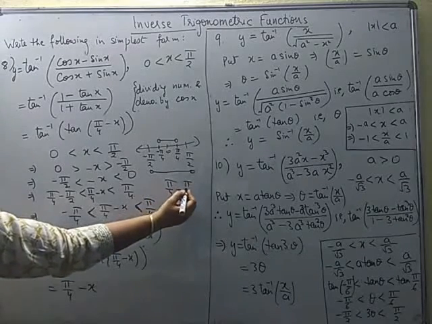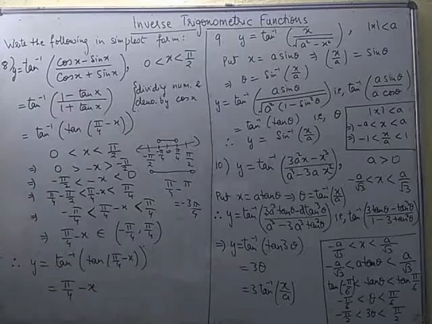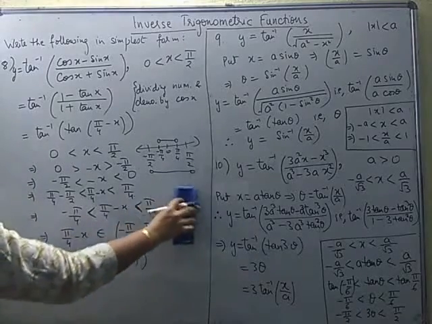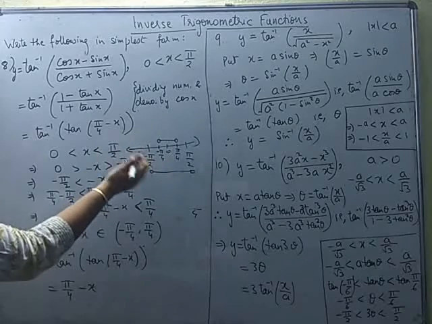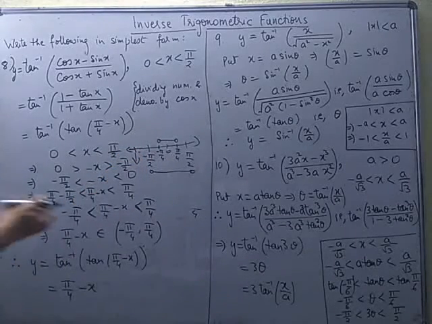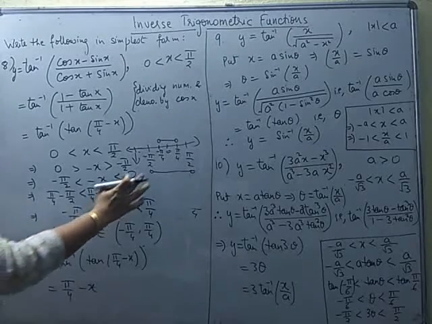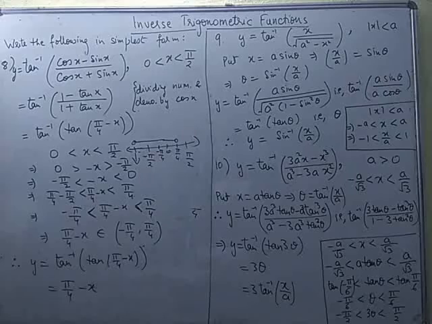minus pi will reduce to minus 3 pi by 4. That means minus 135 degrees. If you see, minus 3 pi by 4 on this number line will come somewhere over here. Okay. So you are getting your angle between minus 3 pi by 4 to pi by 4. See, either the angle will be completely in the principal value branch or it will be entirely outside it in some other range.